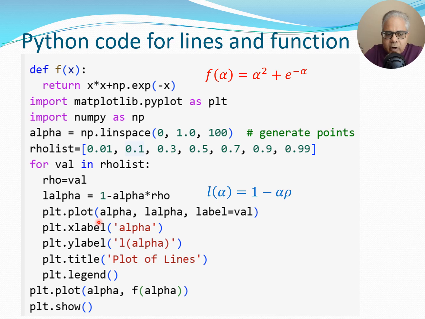So essentially I plot it. This is the x variable, this is the y variable, this is the label, and I also give an x label, y label, I give a title to the plot, I want to plot the legend, and then finally I plot this function here also. So here I was plotting the line, and now I plot the function, and then I show this plot. What's going to happen is that the function itself, that is f here, is going to be plotted, and the line, that is L here, is going to be plotted for various values of rho. So let's check this out.